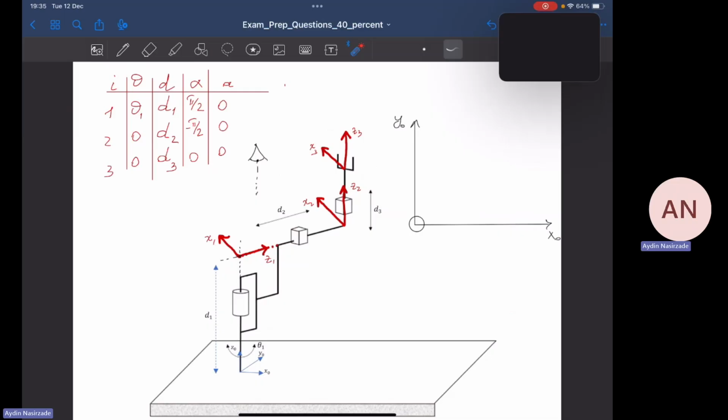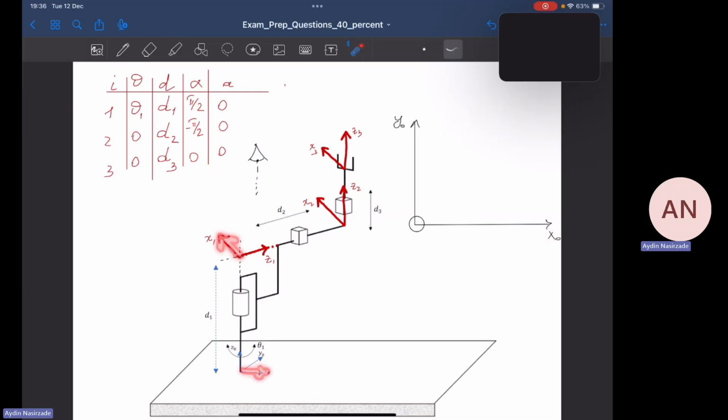To determine this angle theta 1: theta 1 actually shows the angle that the user should rotate x0 by to align it with x1. I rotate x0 by theta 1 degrees to align it with the x1 axis.